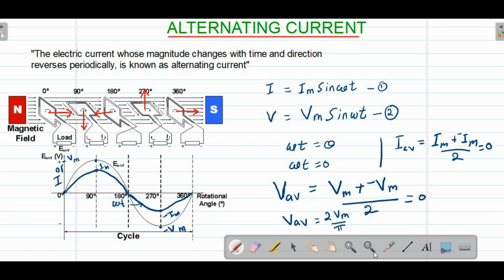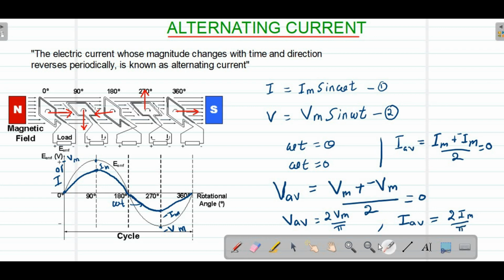We can prove that the average value of voltage in one half cycle will be 2 Vm by pi. In the same way, the average value of current, I average, in a half cycle will be 2 Im by pi, that is 2 into the peak value of current divided by pi.